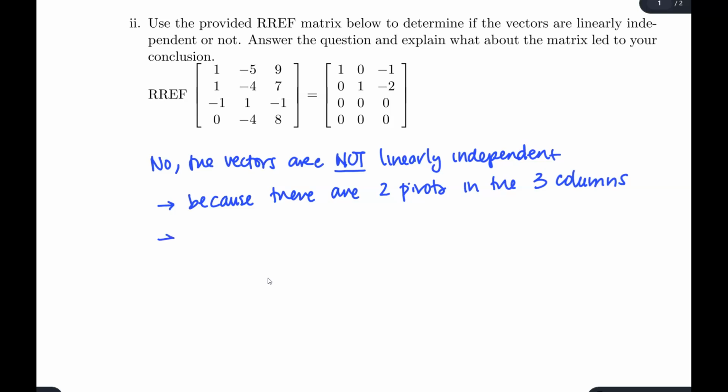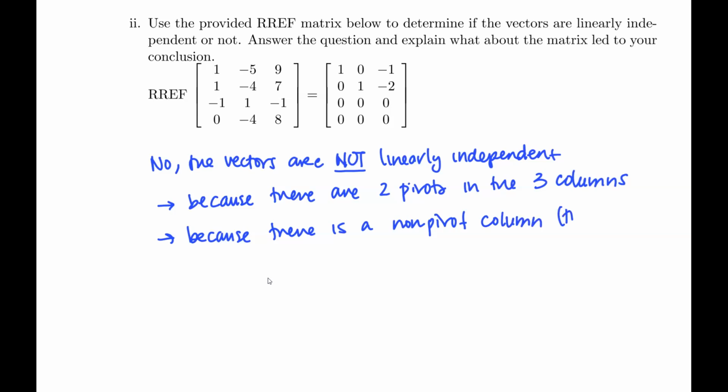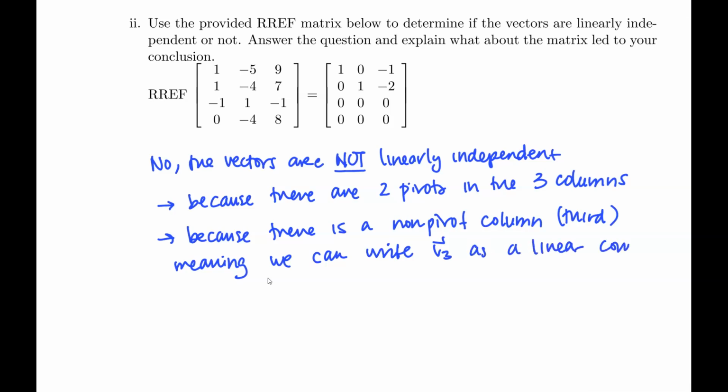We could talk about, because there is a non-pivot column, the third one, meaning we can write V3 as a linear combination of V1 and V2, right?